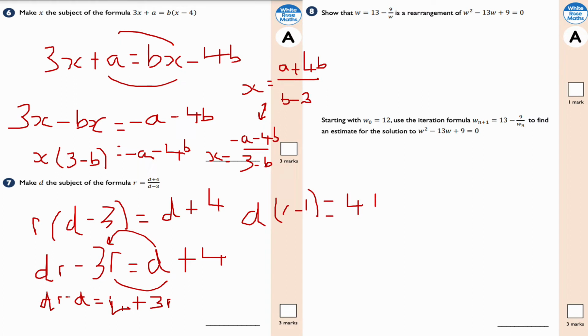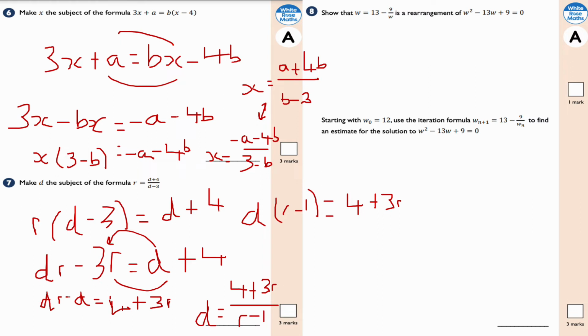Then dividing both sides by r minus 1 isolates d by itself. So I get d equals 4 plus 3r, all divided by r minus 1. For that one there.